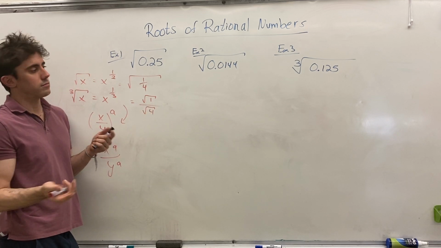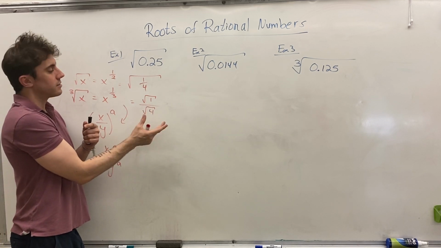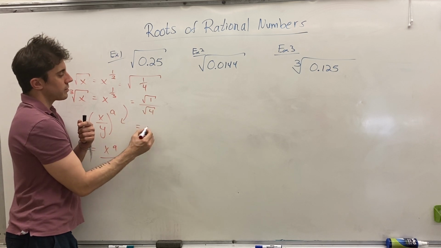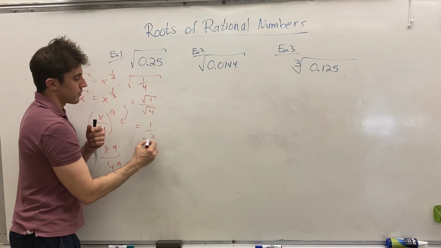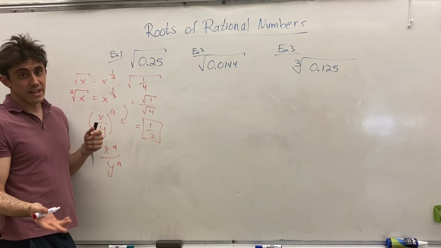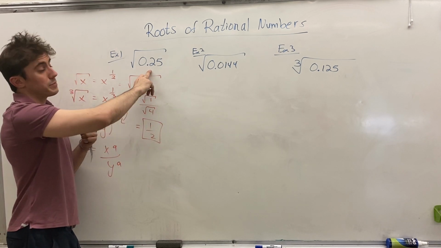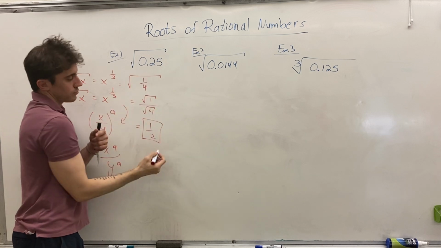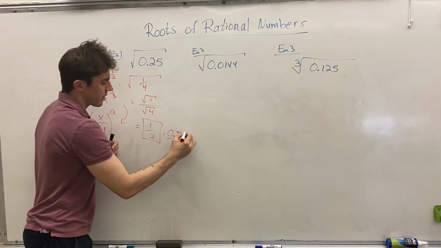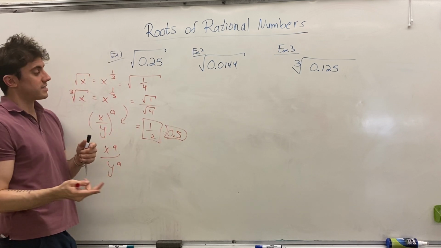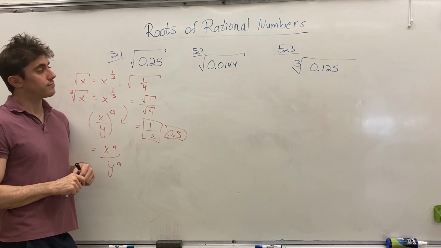And now this becomes much easier, right? We have the square root of 1 in the numerator, which is simply 1, and we have the square root of 4 in the denominator, which is 2. So the answer is 1/2. We can leave the answer as 1/2. Since we began the question with decimals, we could also always write our answer in decimal form, if you're so inclined. Not necessary, but you do have that option, okay?